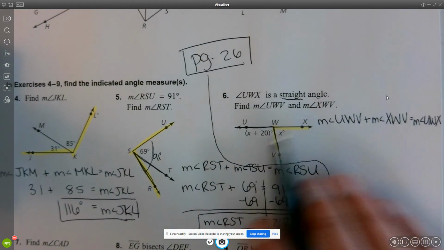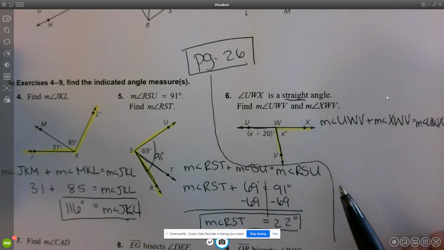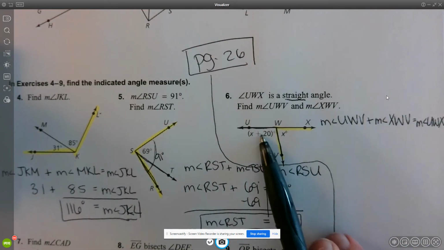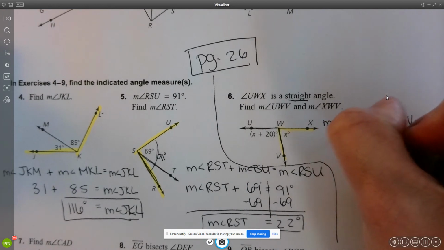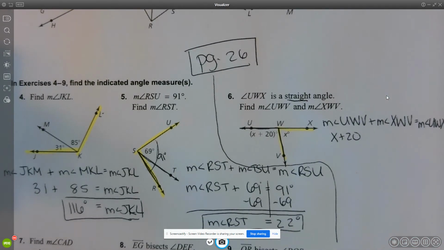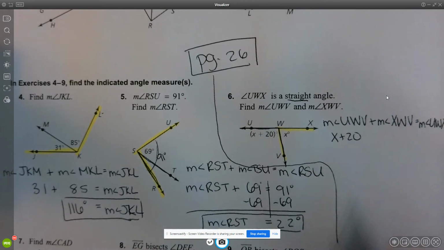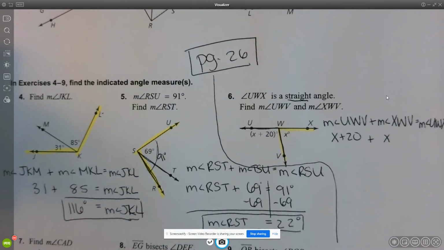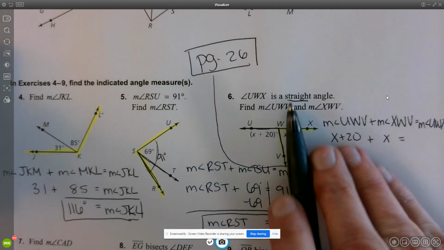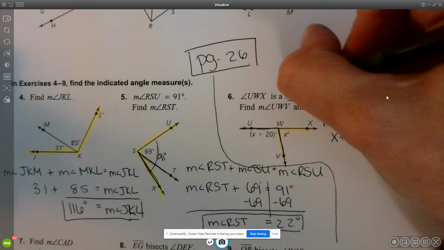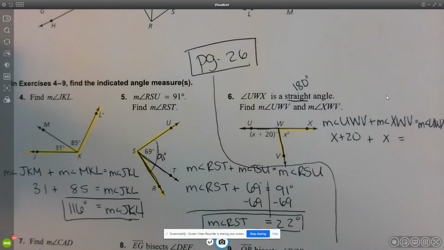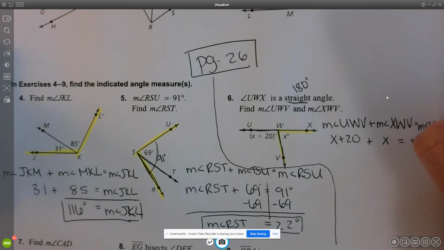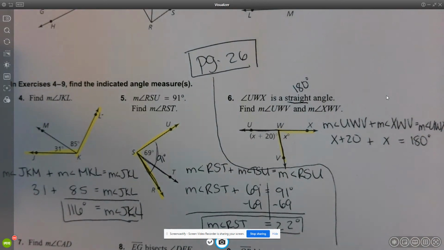So I'm going to plug these into my equation. I know that the measure of angle UWV is x plus 20. The measure of angle XWV is x. And I know that those have to add up to equal the measure of angle UWX. And they tell me it's a straight angle. Remember, straight angles have a measure of 180 degrees. So I know that x plus 20 plus x must add to equal 180 degrees.